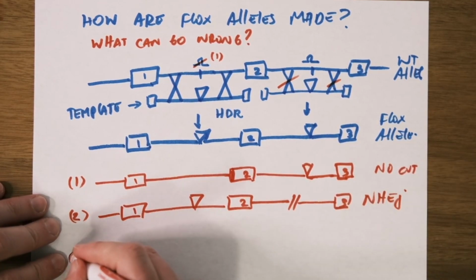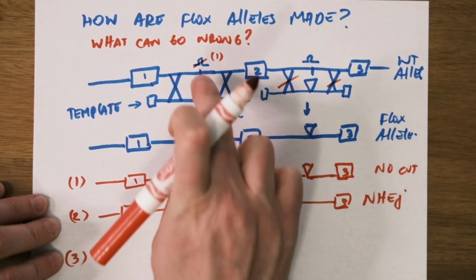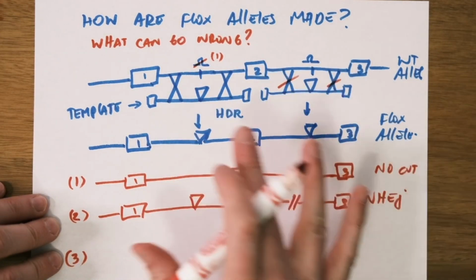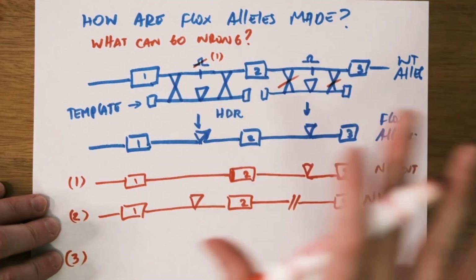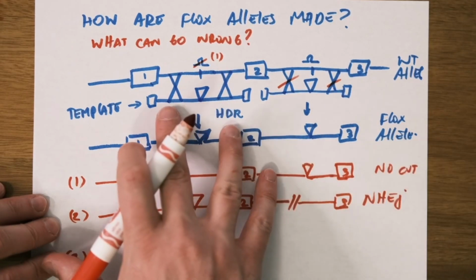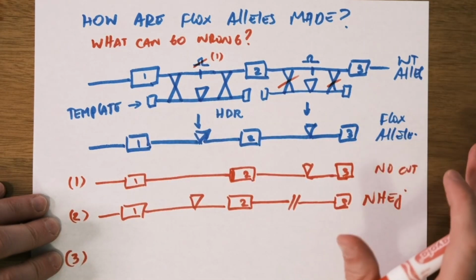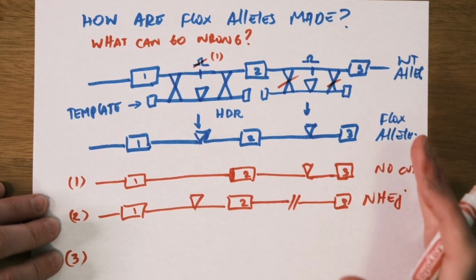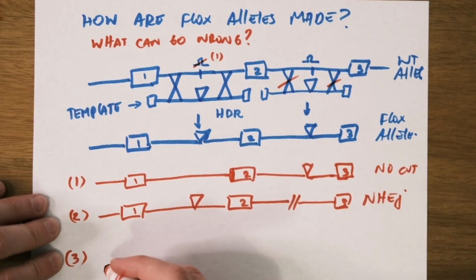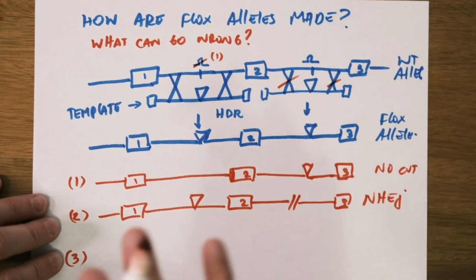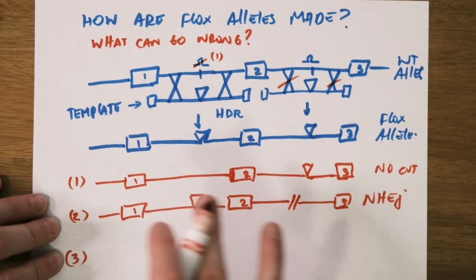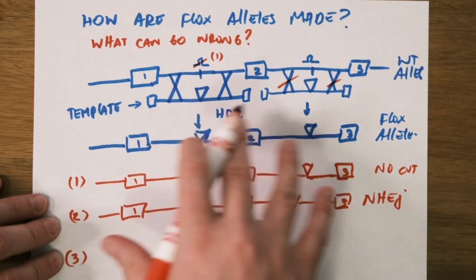And then the third thing is that we are targeting these templates here, but actually you can have cuts in some other places of the genome, and these templates can insert in some other regions as well. So we have to account for the possibility of an ectopic insertion, and by ectopic I mean somewhere else other than this locus.